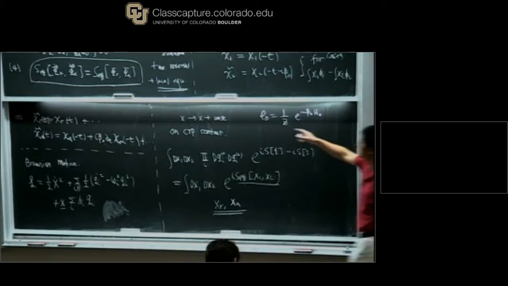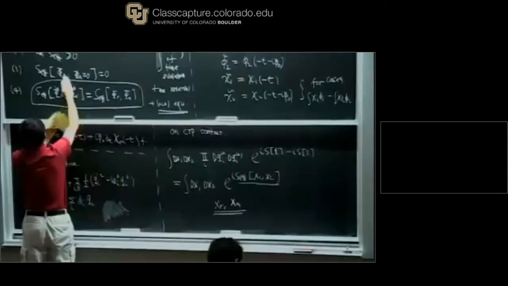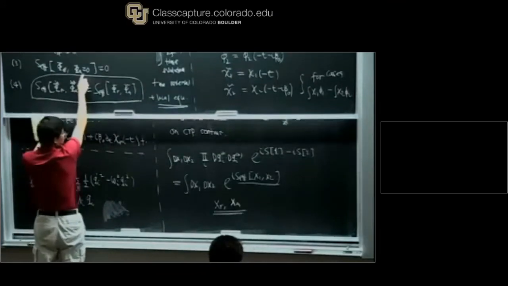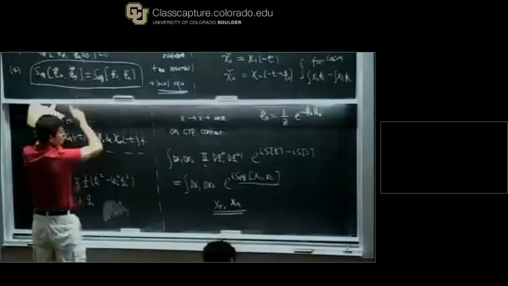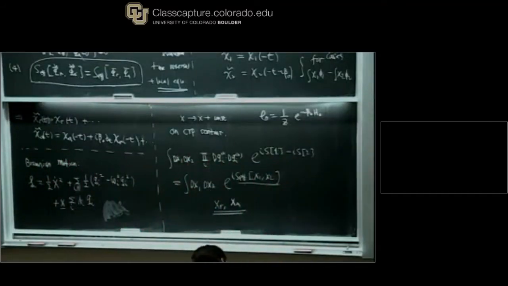Remember from this condition, sorry, here should be phi r, there can be no term with phi r only. So any term must contain at least one factor of XA. So the simplest terms you can write down are XR XA, and XA squared. Without derivatives, that's the simplest you can write down.